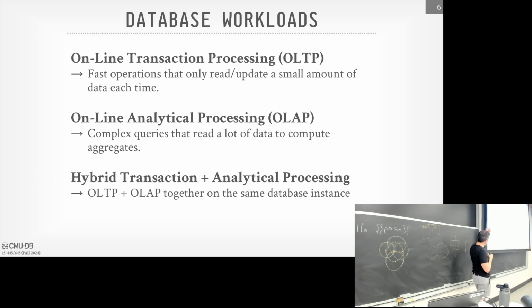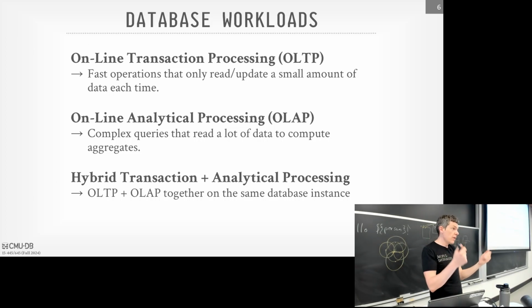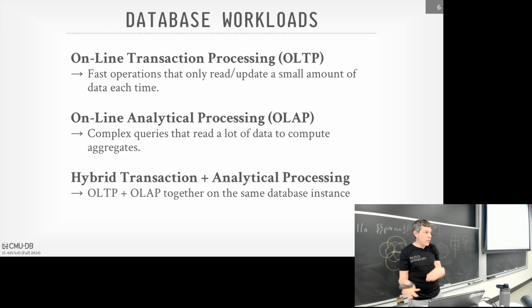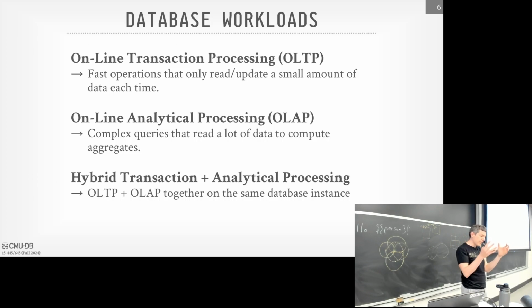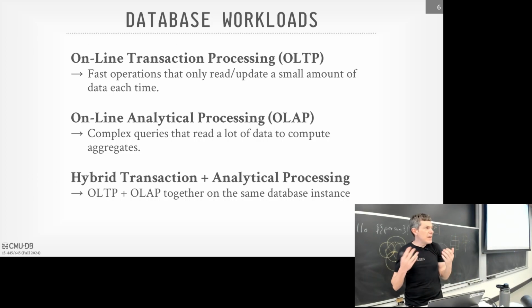So contrast this now with OLAP, or online analytical processing. This is where we have an existing data set, an existing database, and we want to extrapolate new information from it. I said before, this is what data scientists are typically doing. You're trying to derive new patterns or information that you didn't have before from the data you've already collected from the OLTP system. So these queries are typically going to be more complex than in OLTP systems.